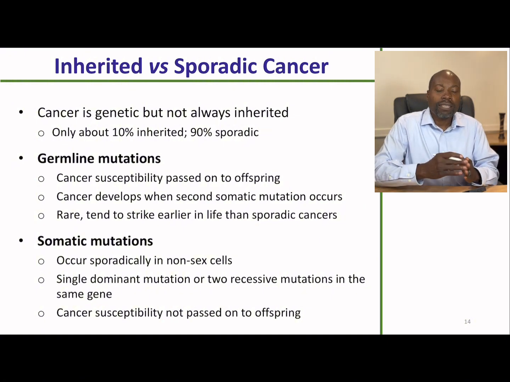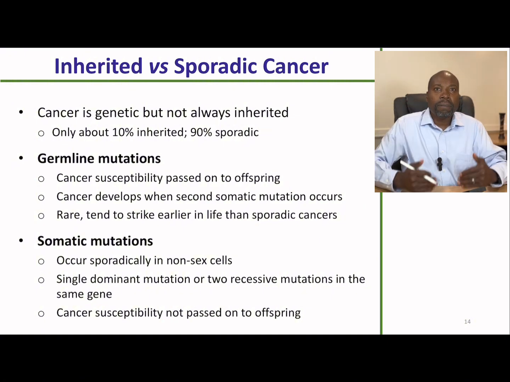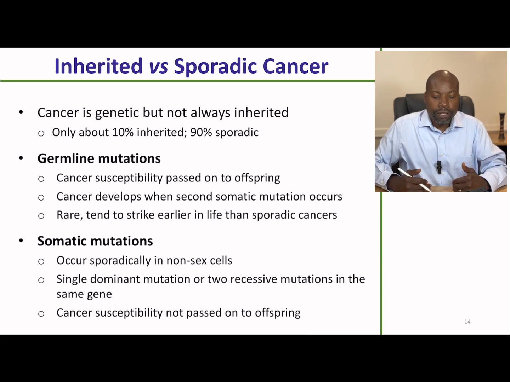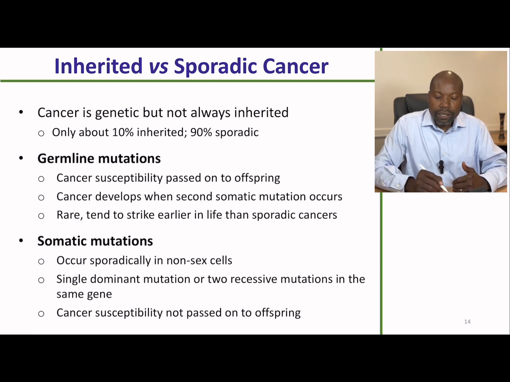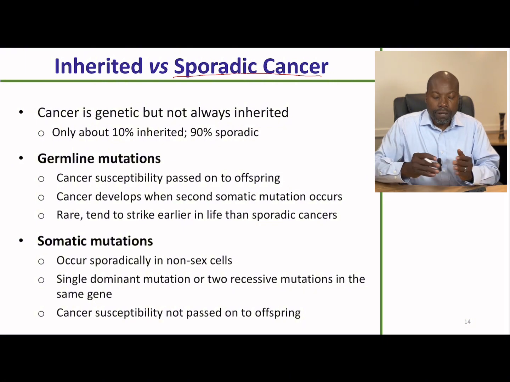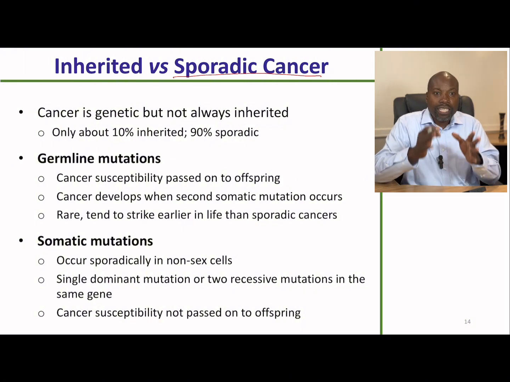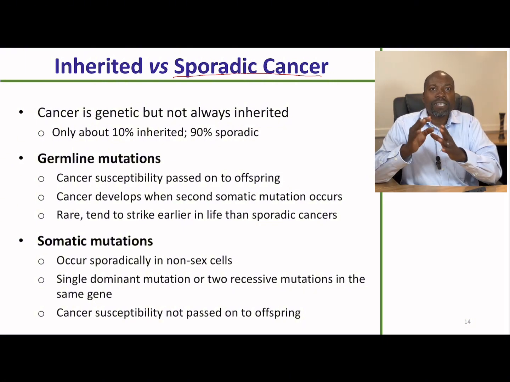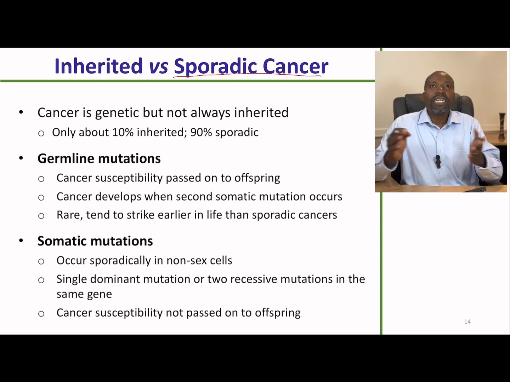And when germ lines are affected, the entire body is affected. So cancer can develop about anywhere in the body, right? While in sporadic cases, this arises because of a punctual mutation, a mutation that happens at a very specific spot, right? Leading to a cancer, right?